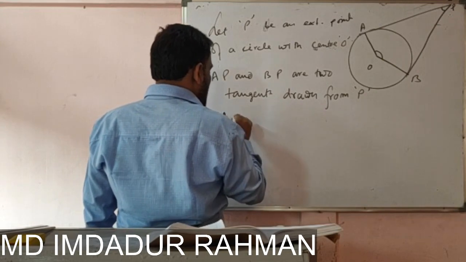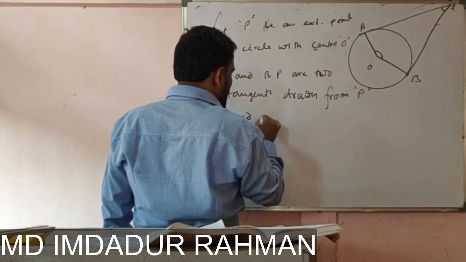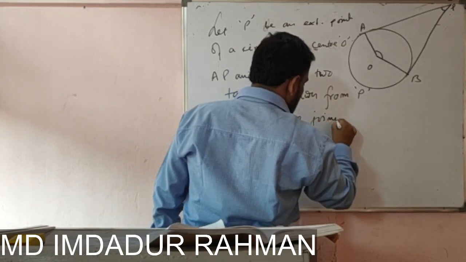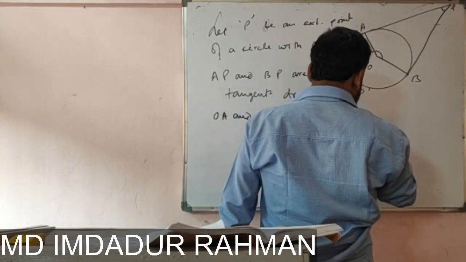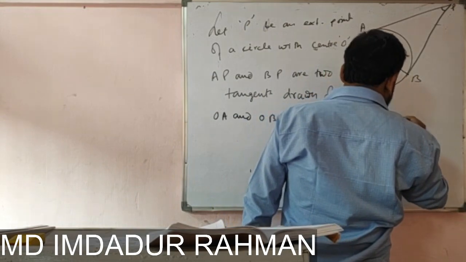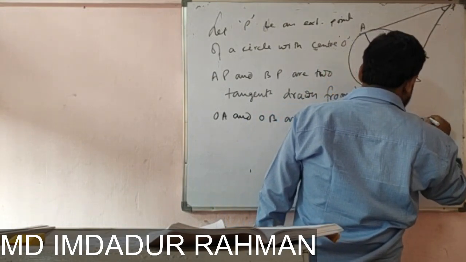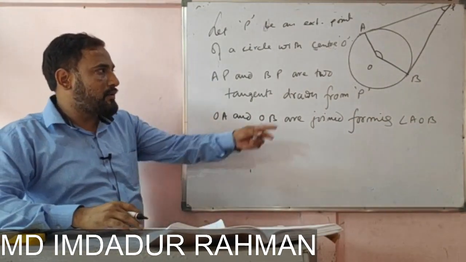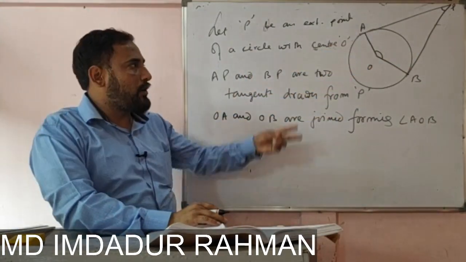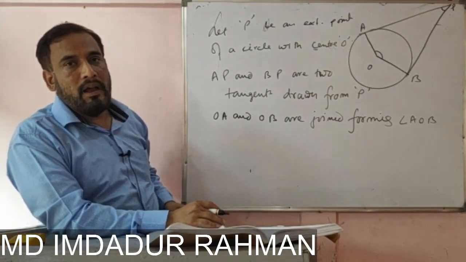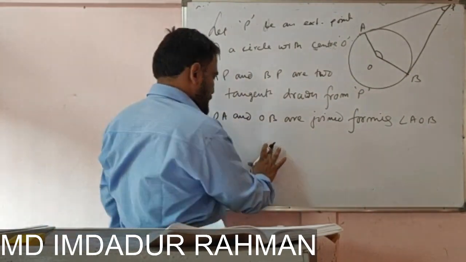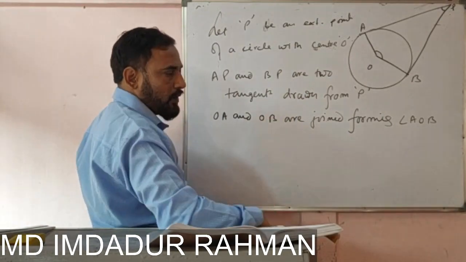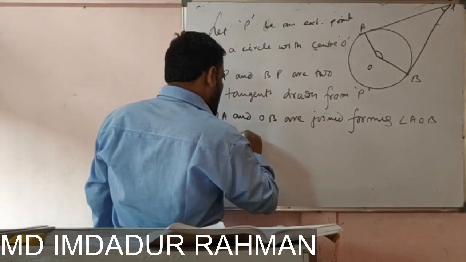OA and OB are joined, forming angle AOB. If we do not join this OA and OB, this angle AOB will not form and we cannot prove the theorem. Now, we got the angle AOB.